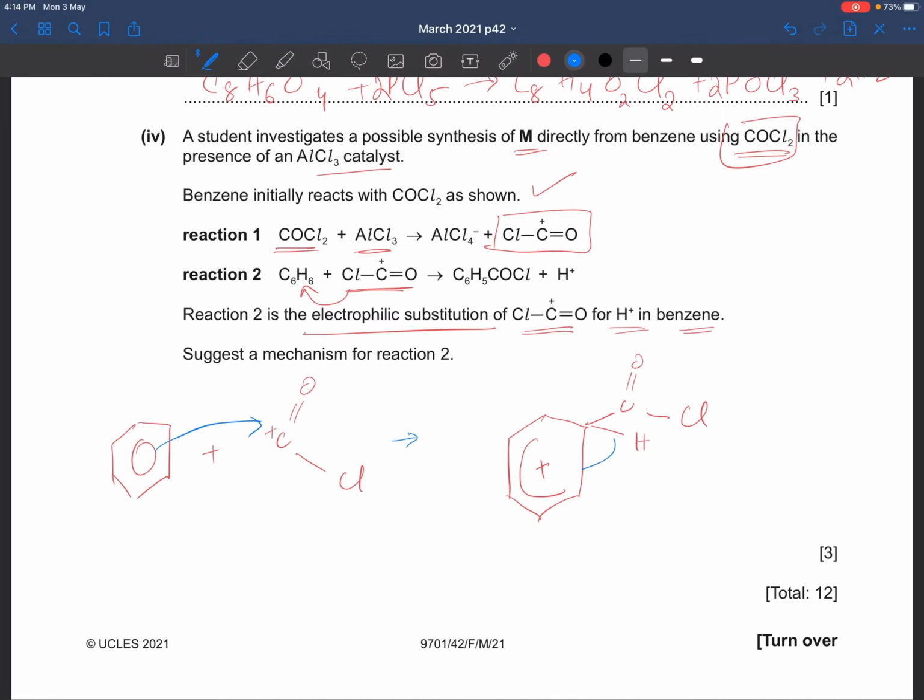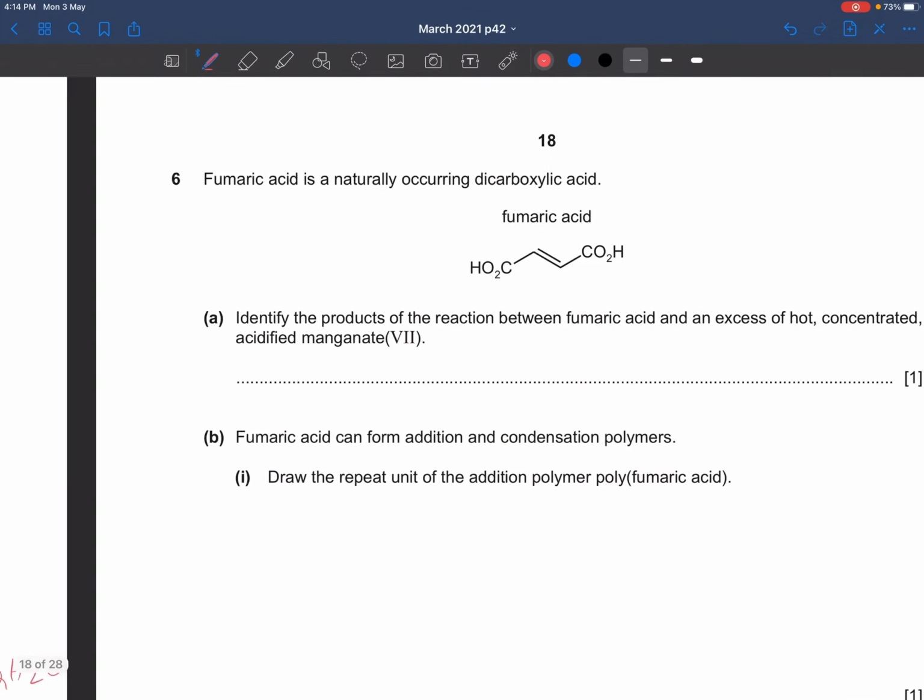Then electrons will be moved back into the ring, and finally we get C double bond O Cl plus H plus. Alright, so this is the mechanism.